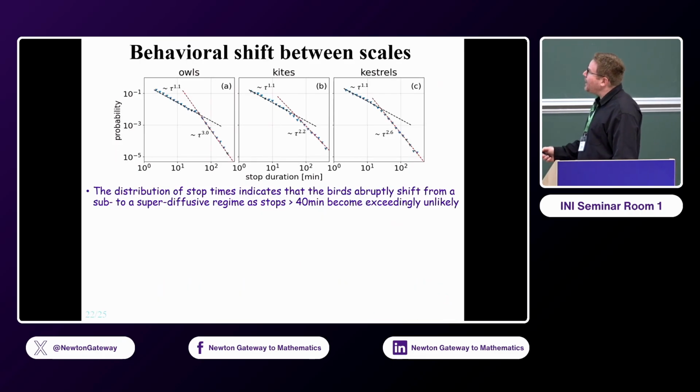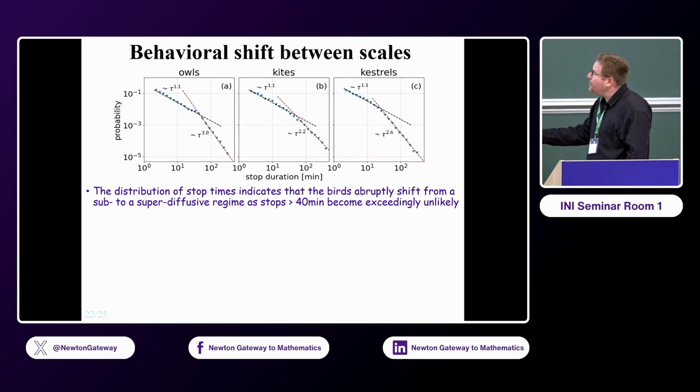Finally, I want to look at the so-called stop duration, the distribution of stop duration. How long the birds spend in the entire search area. So this is the probability distribution to be for a duration of t in the search areas. This is averaged over the entire population of owls, kites, and kestrels.